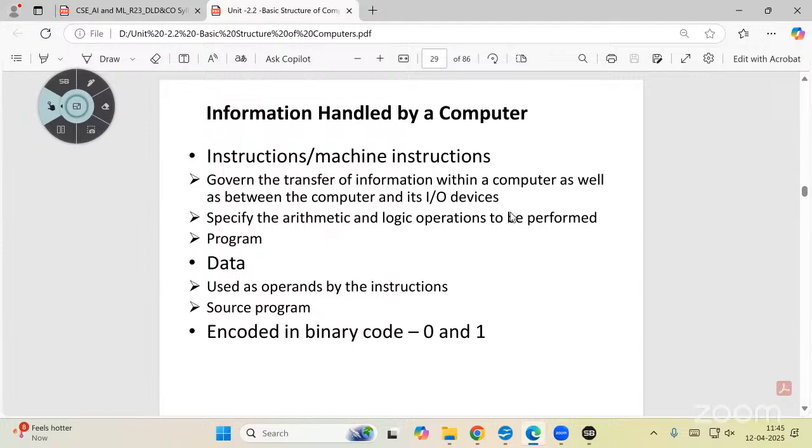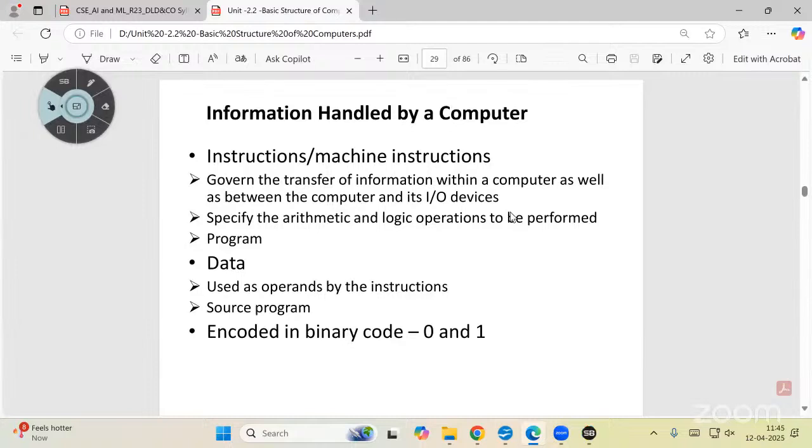Now the program and data are different. C equals A plus B is the program, and C, A, B are the data. C is the output data, and A, B are input data. The data can be used as operands by the instructions.